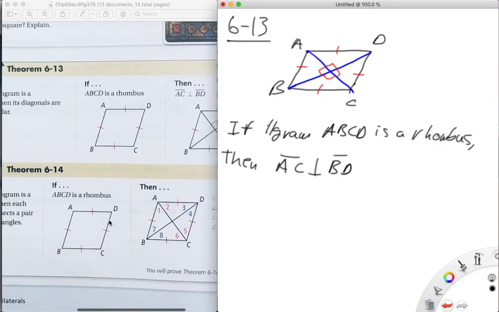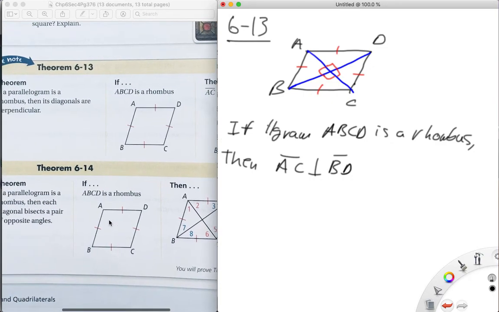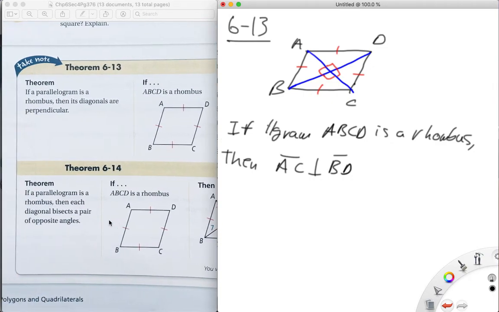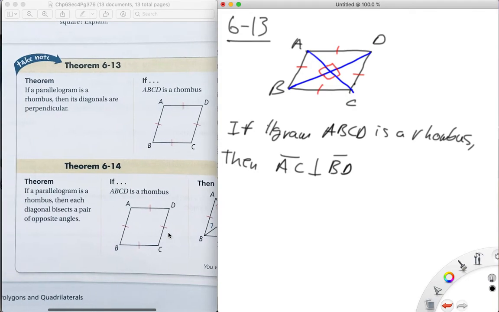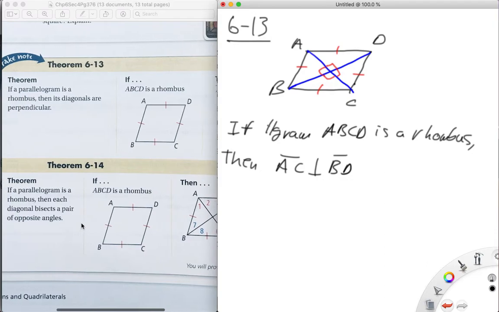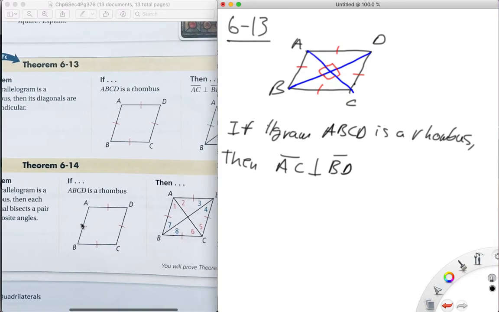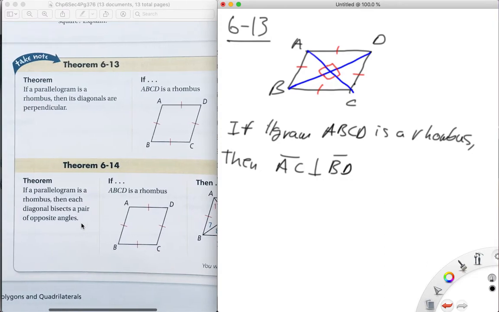Then we have theorem 6.14, that says if a parallelogram is a rhombus, then the diagonals bisect a pair of opposite angles. Alright, so what does that mean?